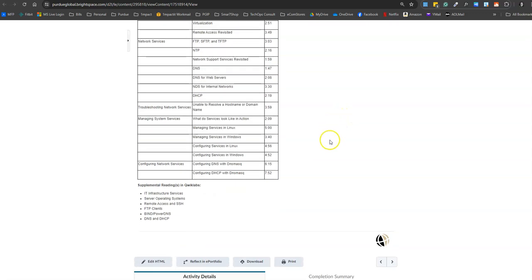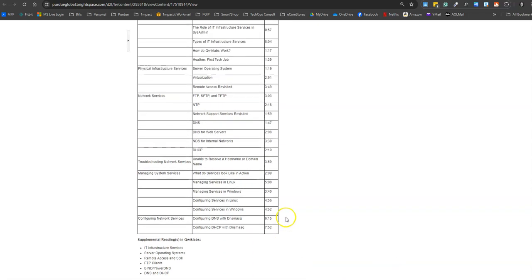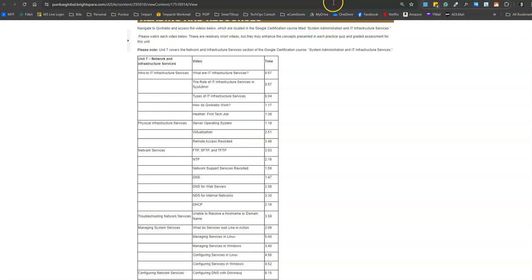And supplemental readings included in your Quick Labs are IT infrastructure services, server operating systems, remote access, and SSH. Importance getting into the command line of the web services themselves with the SSH, FTP, BIND, PowerDNS, and DNS and DHCP. It's going to be a lot of information this week.